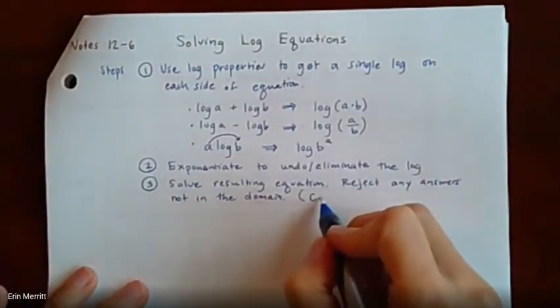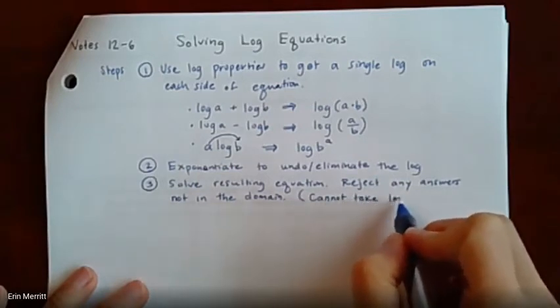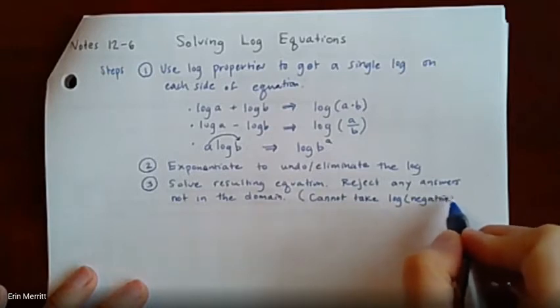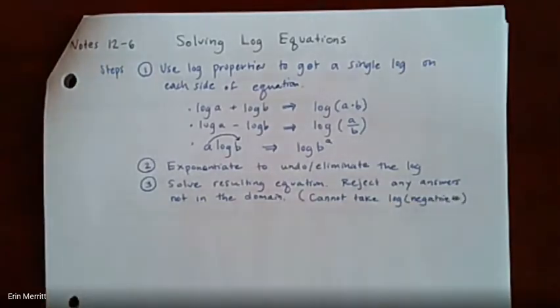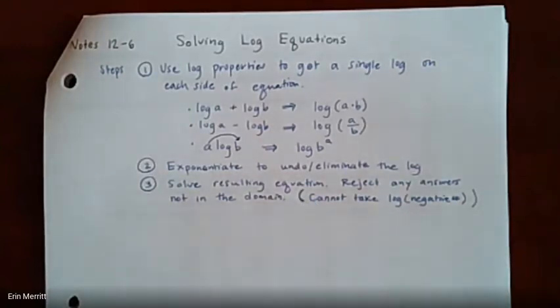So maybe put that little note here. You cannot take the log of negative numbers, and the base of a log also can't be negative. So no negatives, get rid of them.